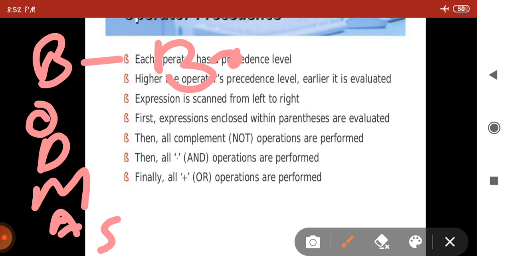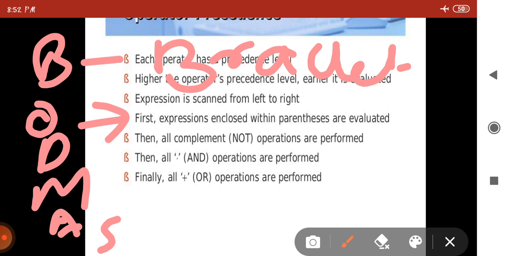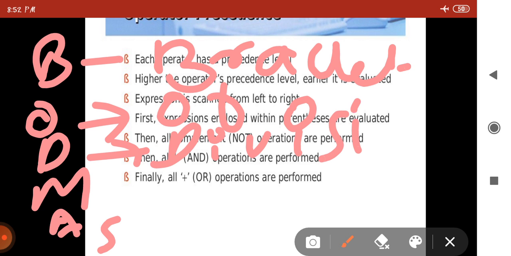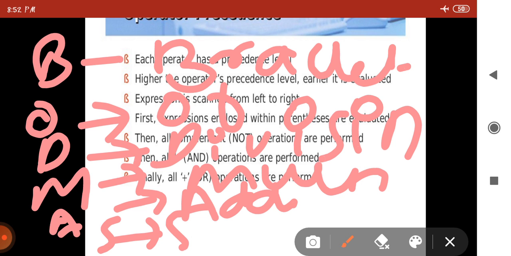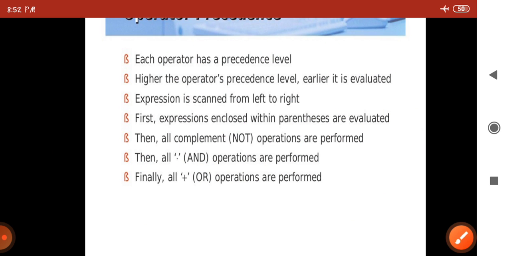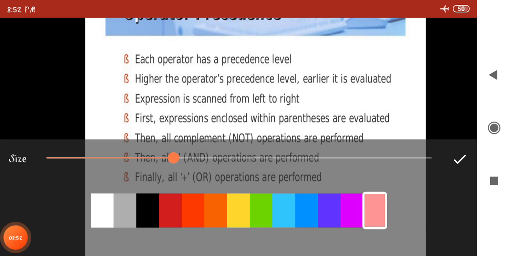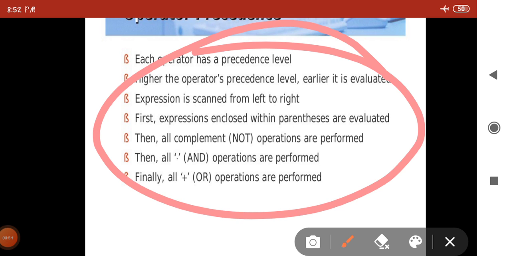Bracket first, of, division, multiplication, addition, subtraction. You have studied this BODMAS rule. We have to study it here also; we have to apply this BODMAS rule.